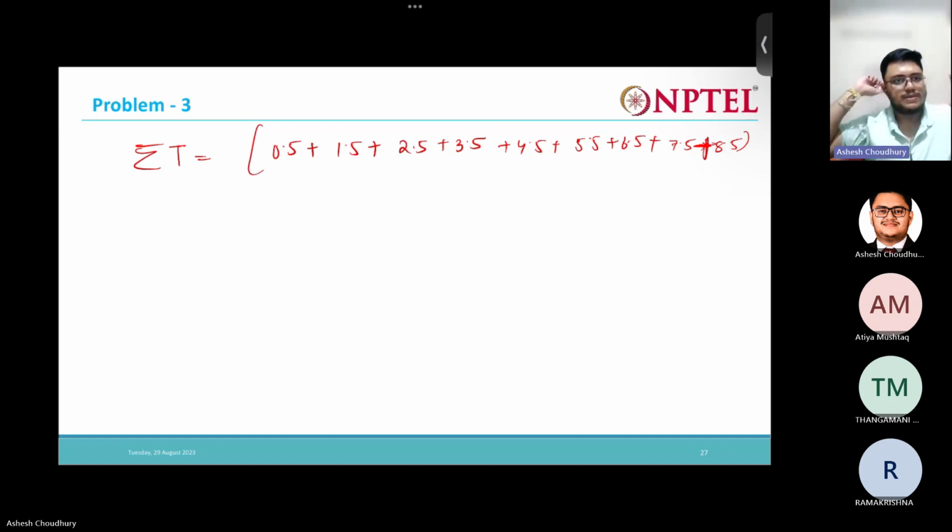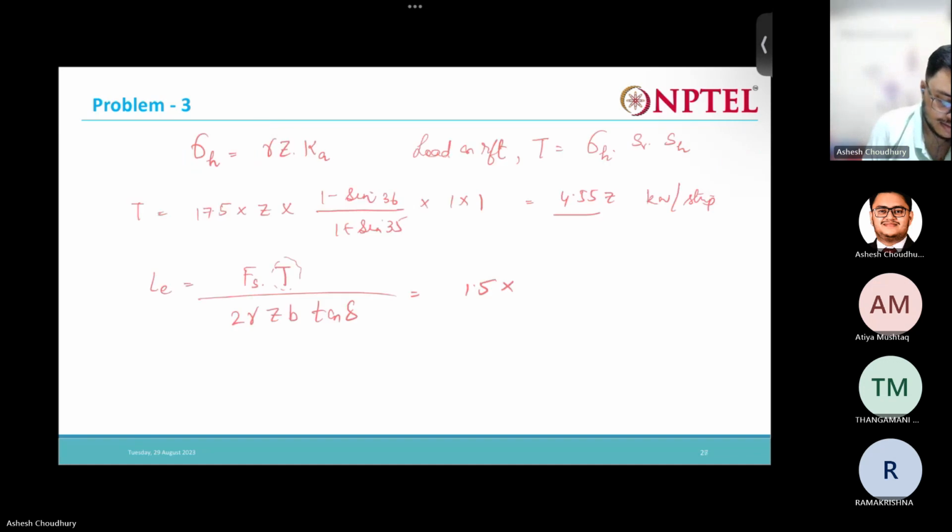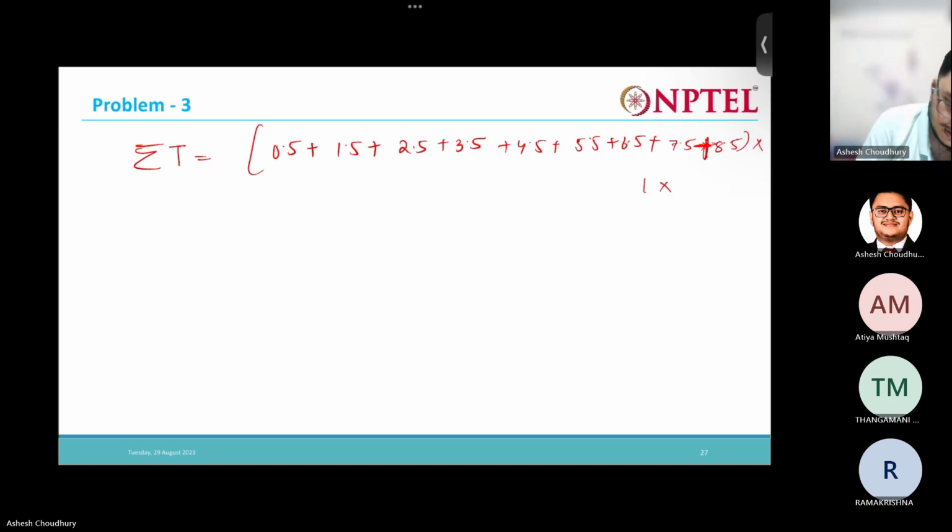So depth into the spacing, which is one, into K. K is 0.26. So how much is that?